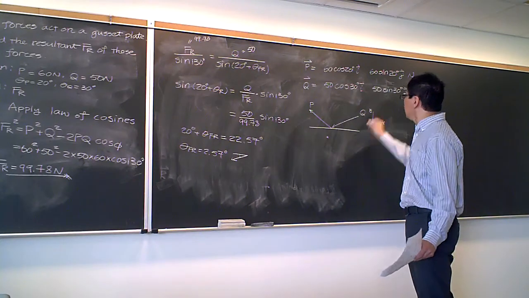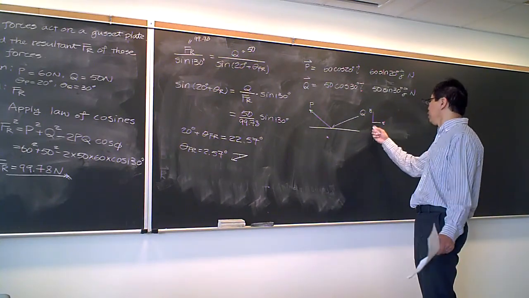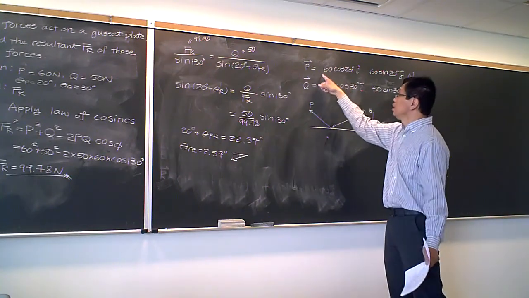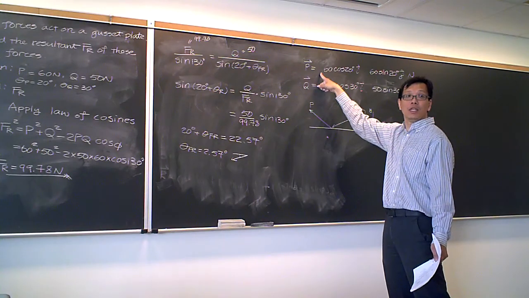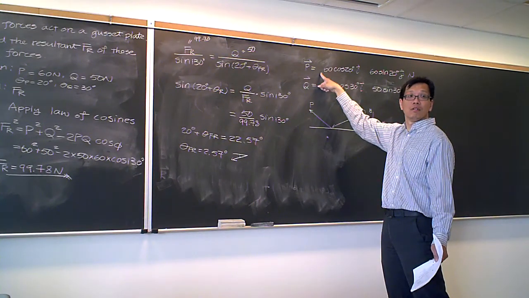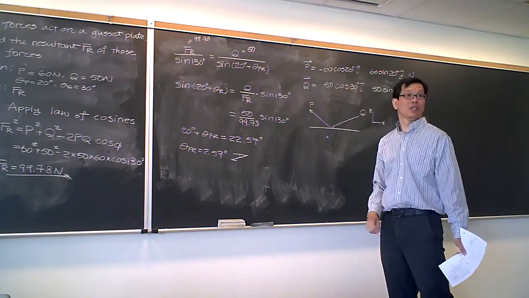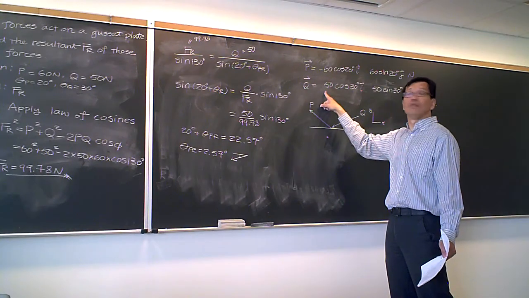And typical vector representation is going to be right-hand side positive, upward positive. So in this case, is the x direction of P going to be positive or negative? Negative, right? How about Q? Positive.